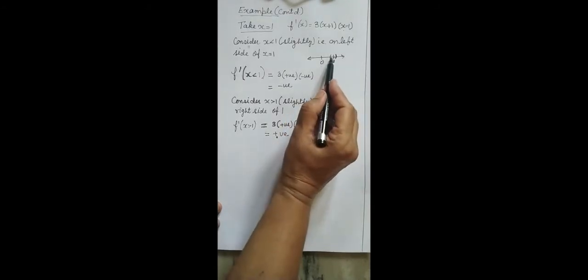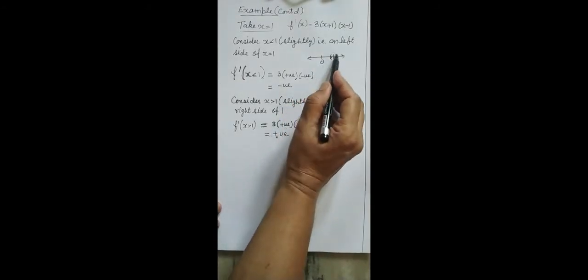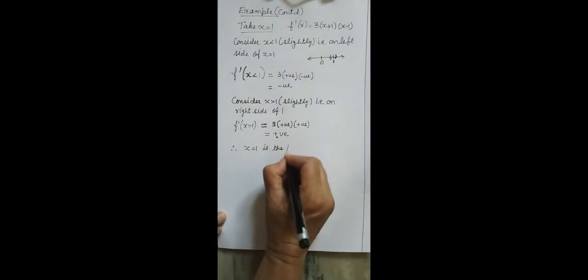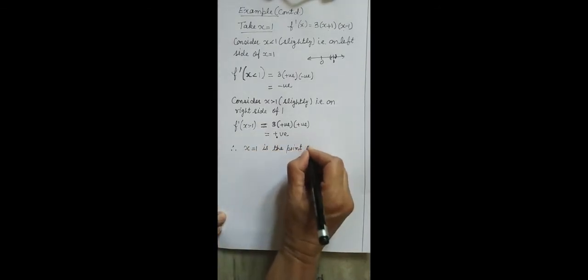So now students, you can see that my derivative is shifting sign from negative to positive. That is, on the left side of 1 it is negative, but when it goes to the right side of 1, it is positive. So therefore by the first derivative test, x = 1 is the point of local minima. And what will be the local minimum value of the function?